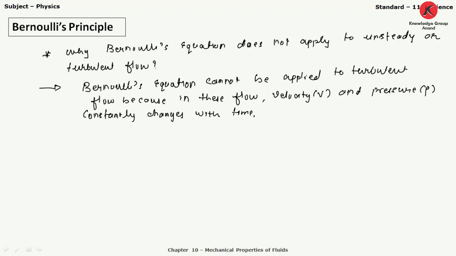Now the next one is limitations. Which are the different limitations of Bernoulli's equation?